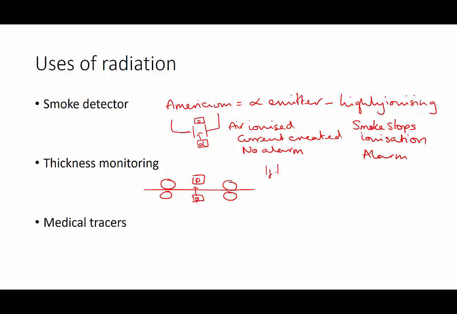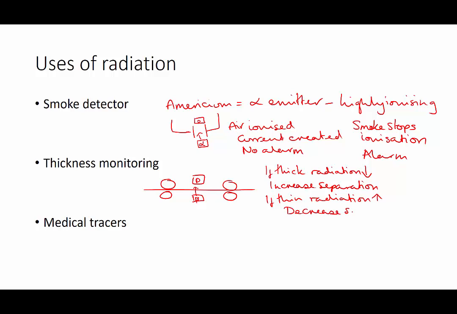If it becomes too thin, then more beta gets through, so that gets detected, and they can pull the rollers apart. They use beta because alpha would be stopped regardless of the thickness, and gamma would get through regardless of the thickness. So the thickness only has an impact on beta. We'd want a long half-life so that the amount of radioactivity coming out of it doesn't change.